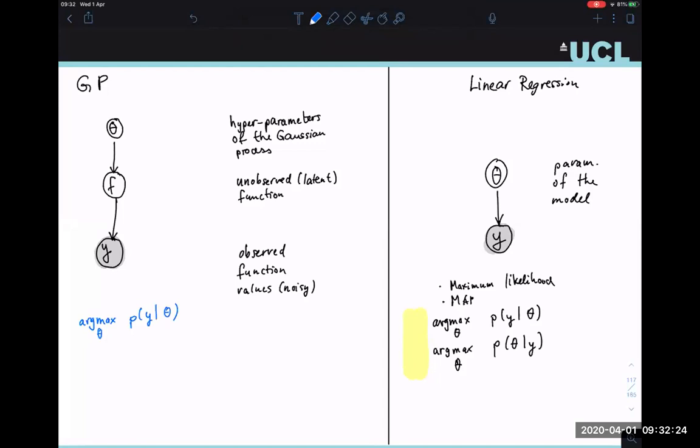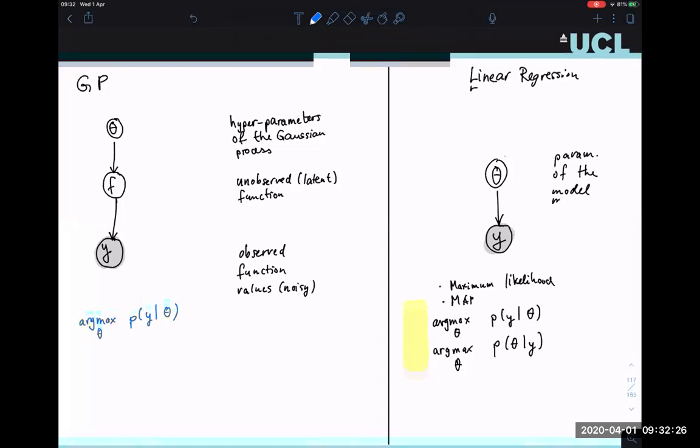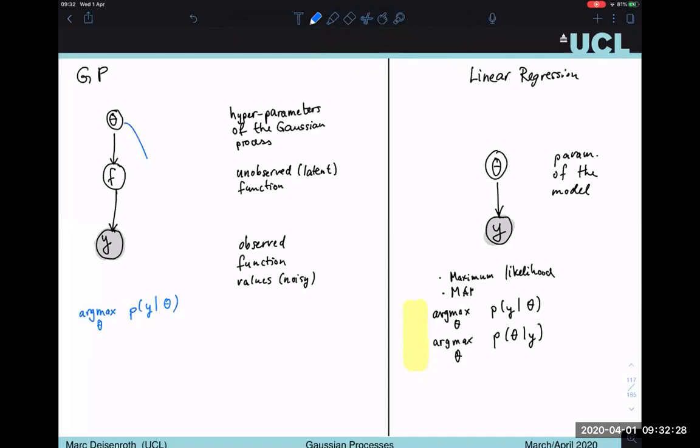If we had a direct connection, which looked like this, without this stuff in the middle, then we would do maximum likelihood estimation. But we don't have that direct connection from the hyperparameters to the data. So now we have to modify or write down how we get to this particular equation. Any suggestions?